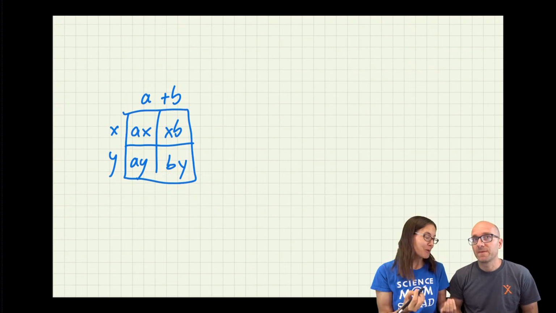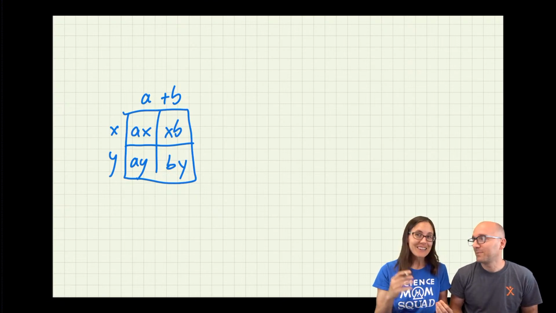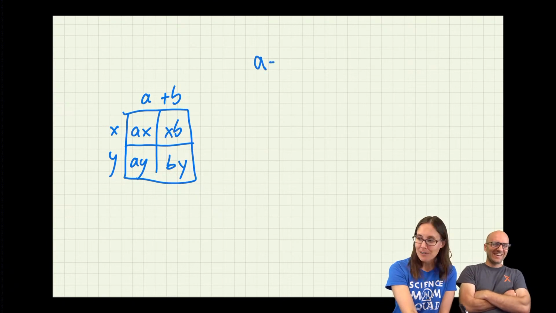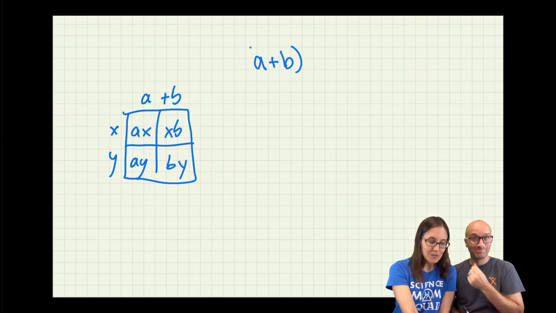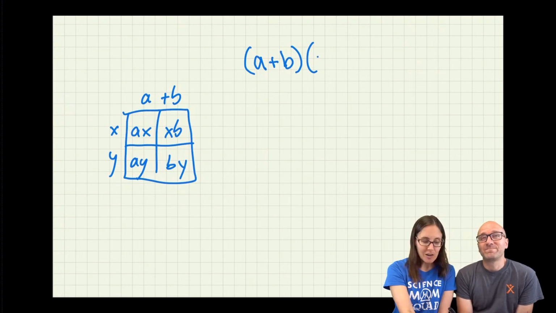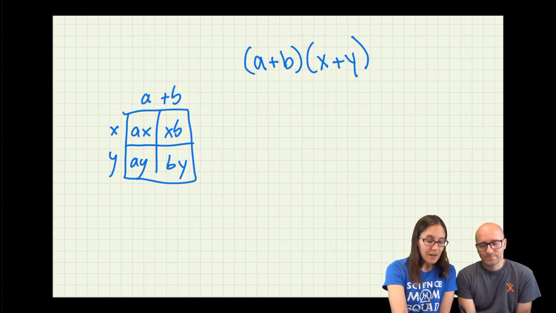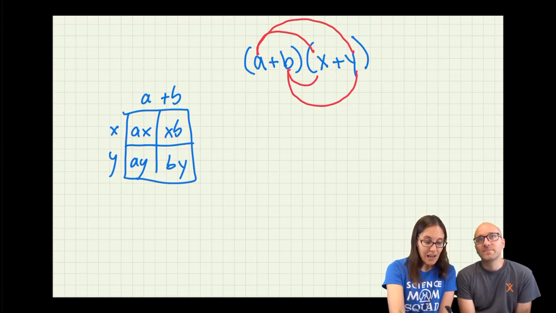Can I show something? Do you know what I want to show? You want to show the foil crab? Yes, the foil crab. Okay, show the foil crab. So I remember when I was in school, I liked to doodle on my papers and draw little cartoons. And one time when they were saying, okay, you need to times each term by all the other terms, I took the A and times it by the X and then by the Y. And then I did the same thing with the B. And then I thought, oh my goodness, that is the claw of a cute little crab.